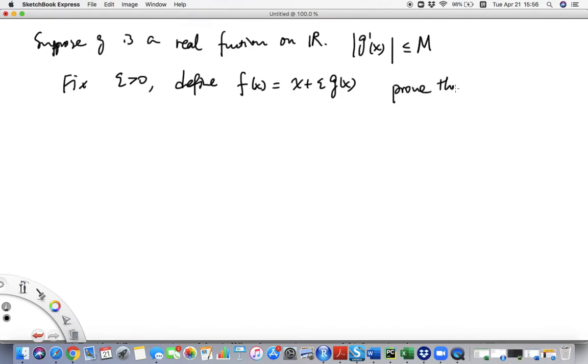Prove that f is 1 to 1 if epsilon is small enough.